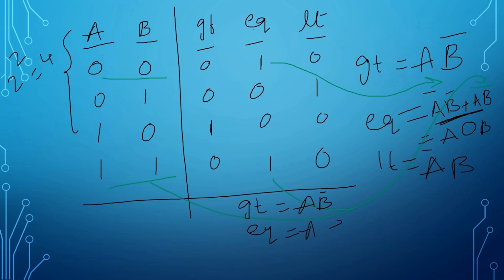The equation for EQ is A XNOR B. The equation for LT is A bar B. So these are the equations.